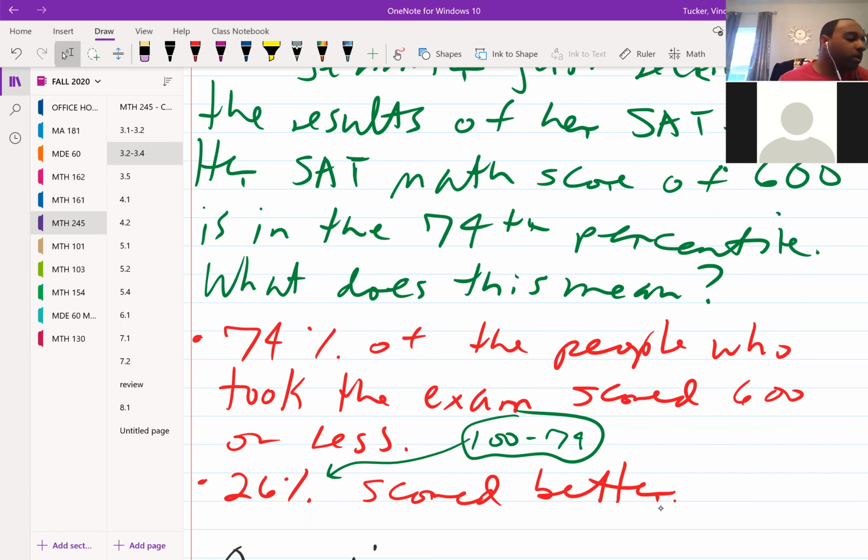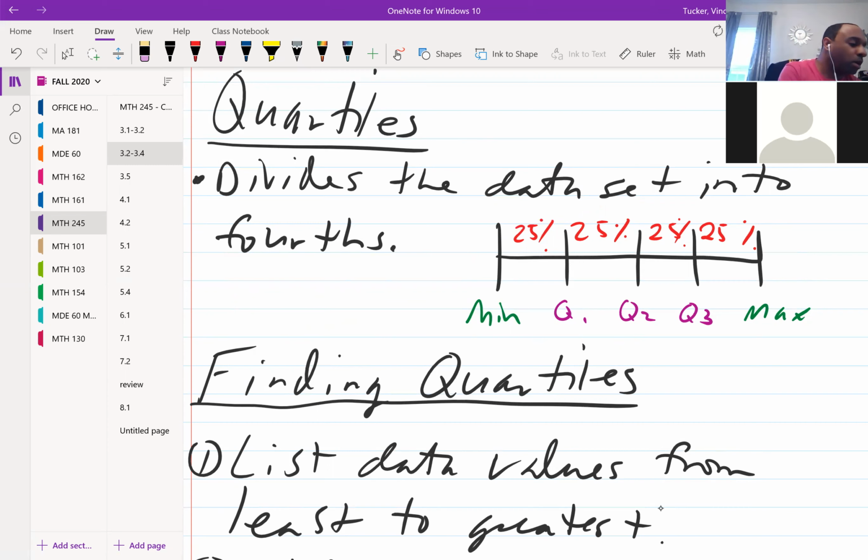So notice we have our minimum and maximum on the ends. Looking at this diagram right here, we have our minimum and maximum on the ends, but on the inside, you have Q1, Q2, and Q3. And those are our quartiles, and they split up our data into fourths.